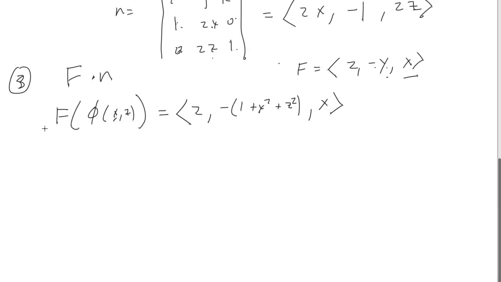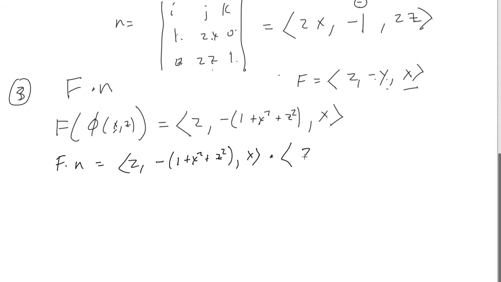Okay, now we can do f dot n. So it's 2, and then negative 1 plus x squared plus z squared, x, dotted with the normal, which is 2x, negative 1, 2z.